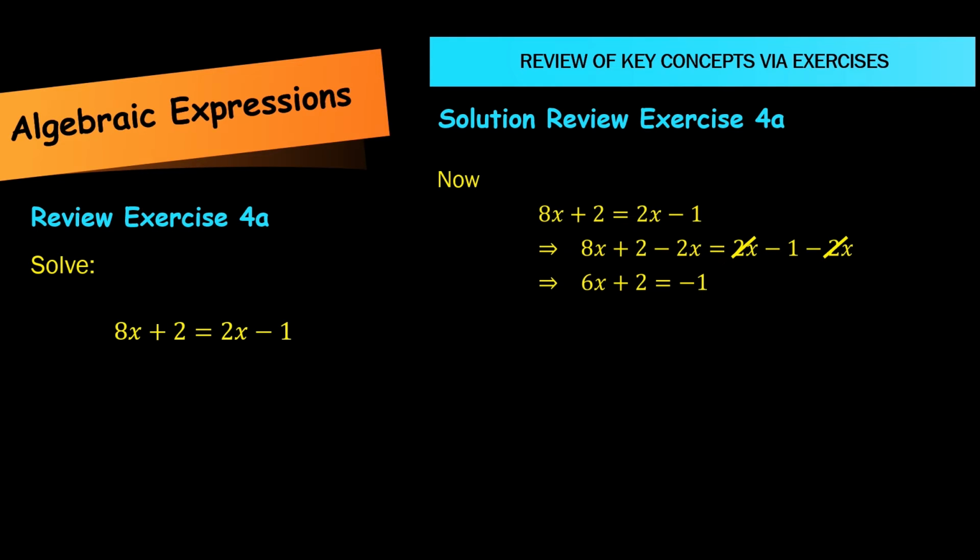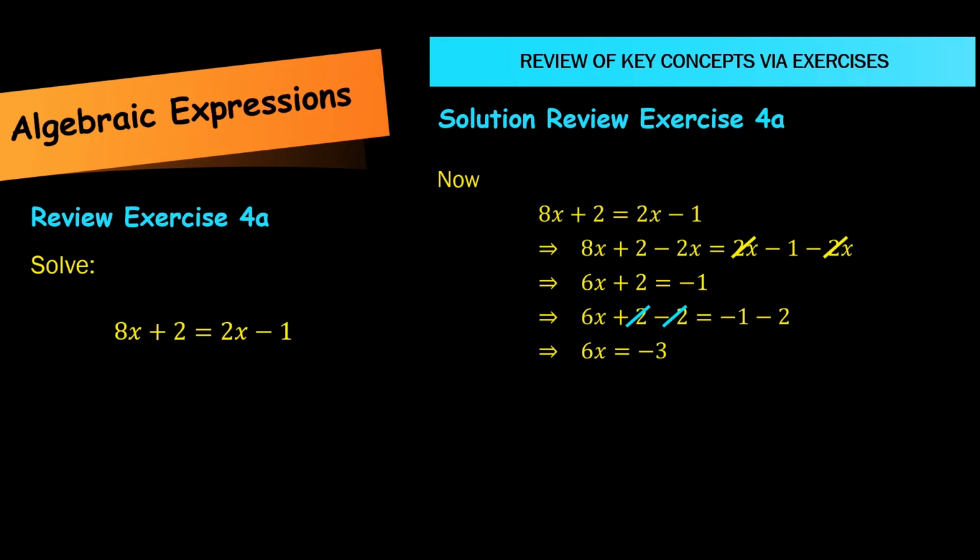Now we need to make sure that the constants are all on the right-hand side, as the x's have now all been brought over to the left-hand side. So let's subtract 2, as shown. And this time the constants on the left-hand side have been removed.